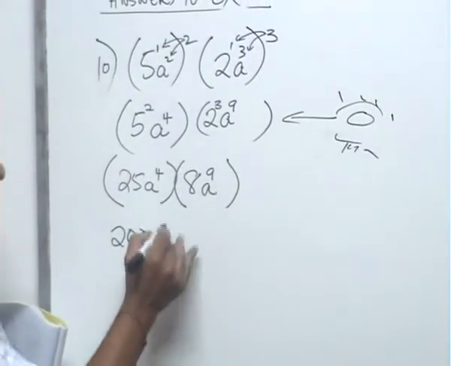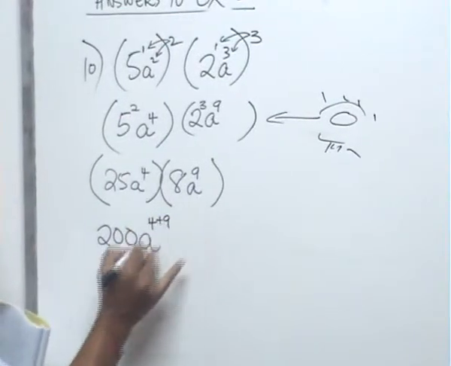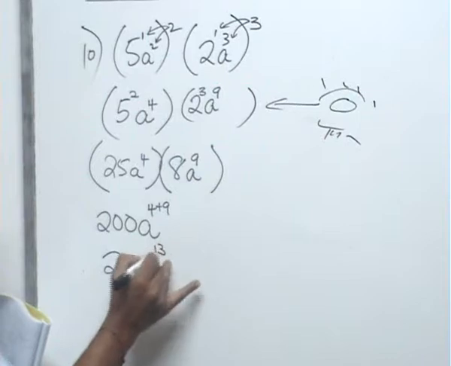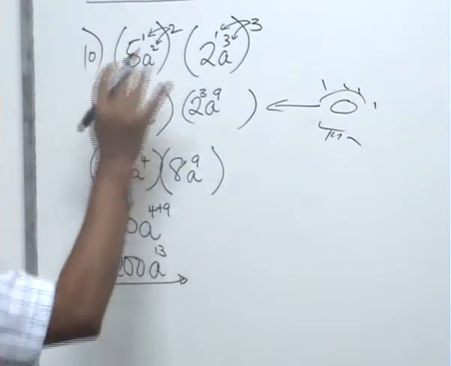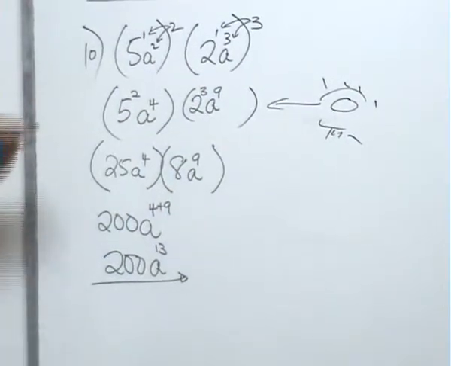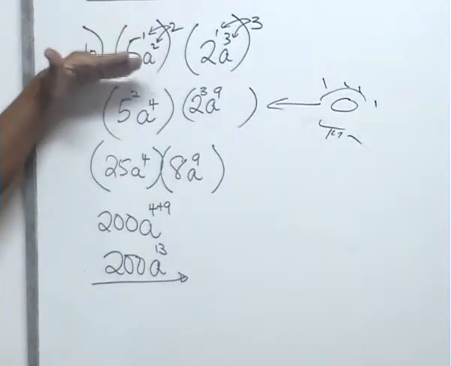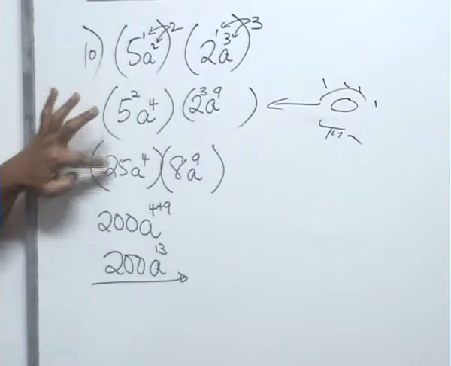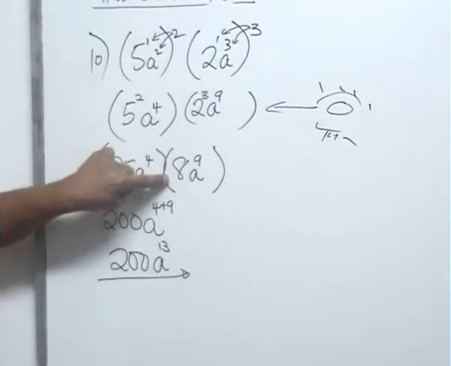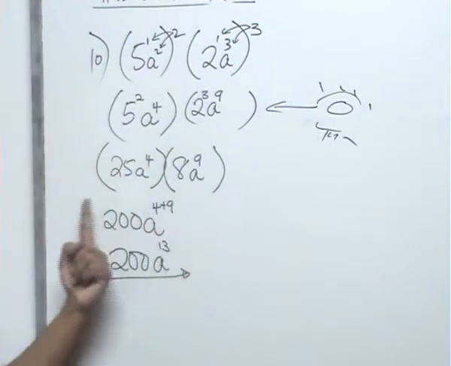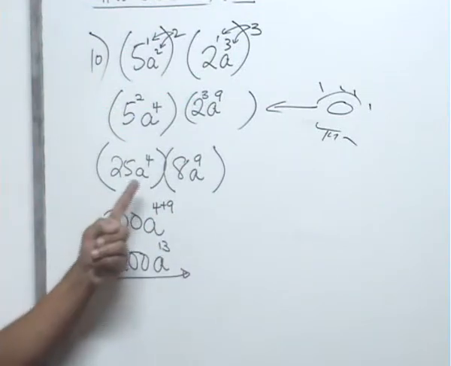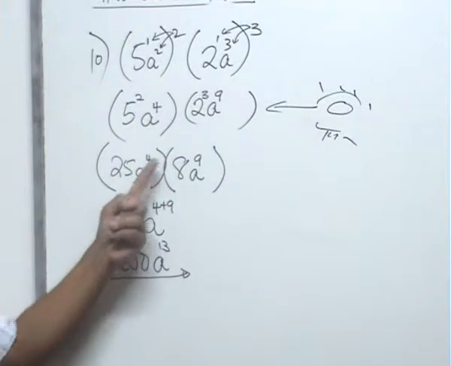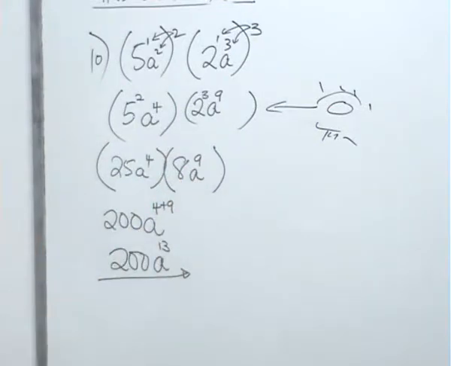So you write down the base A and you're adding 4 plus 9 and you'll get 200A to the 13. So in other words, in this example, we started with the power to power law. We came down here. Then we just decided to simplify 5 squared, simplify 2 cubed. And then when we looked here, we realized that we could use the multiplication law. So we wrote down the base 1 time and added the indices.